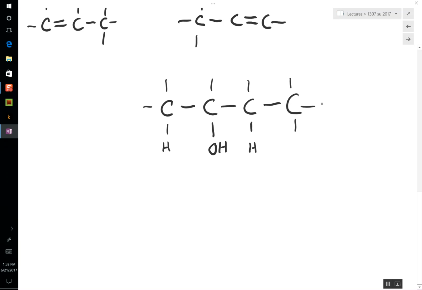And let's see what the situation is here. Same sort of thing. It's always going to be the OH on one carbon and a hydrogen on an adjacent carbon. That's what's eliminating out of this molecule, a water molecule. It doesn't just take a hydrogen anywhere. It has to be next to this carbon.